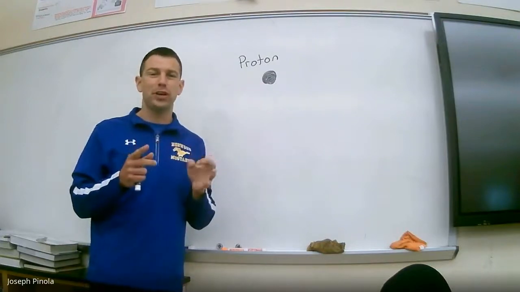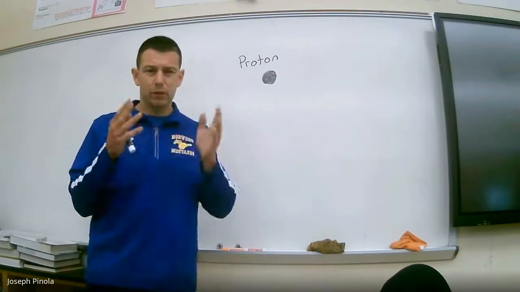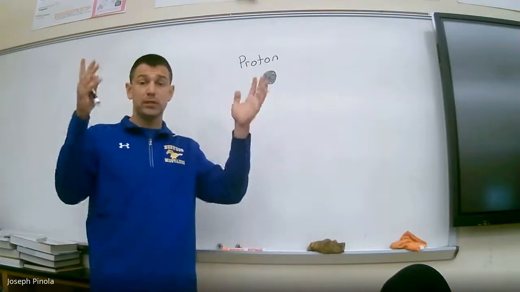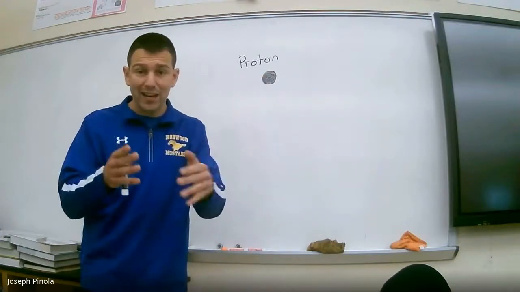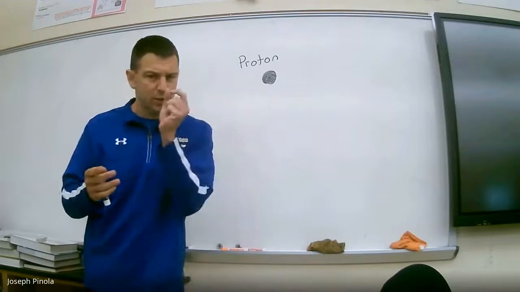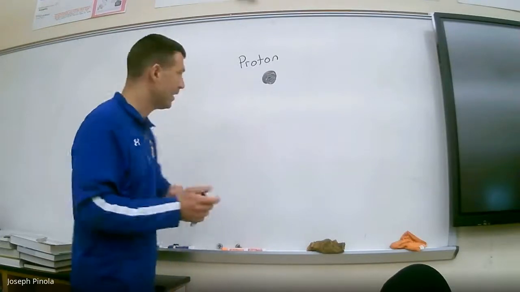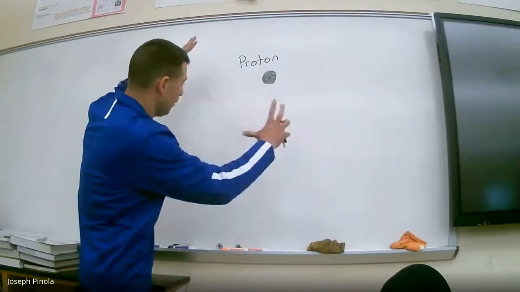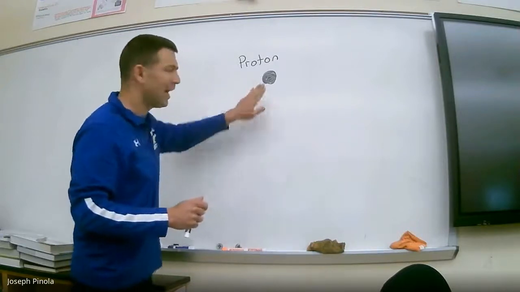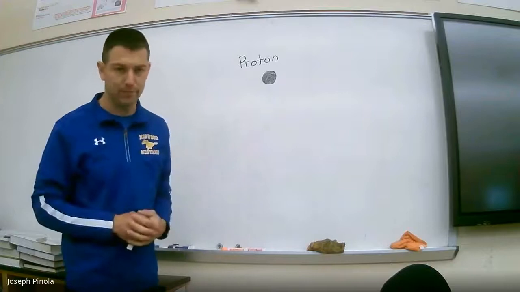An actual proton is microscopic. Your body is made up of billions and billions of atoms, and each of those atoms has a lot of protons in it. So they are so tiny that humans can't actually see them with our naked eye. However, we are going to blow it up and treat this dot as a model of a proton.